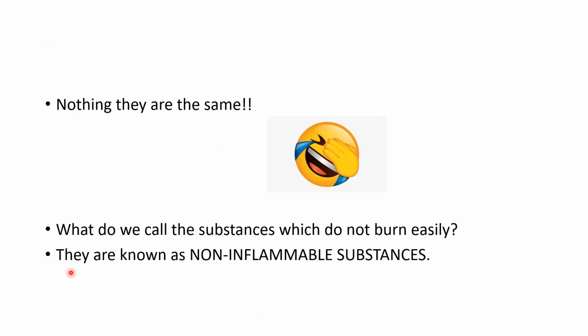Well, the answer is they are known as non-inflammable substances. So, flammable and non-inflammable, these are the antonyms, and flammable and inflammable, these are the synonyms. This is called interdisciplinary approach.